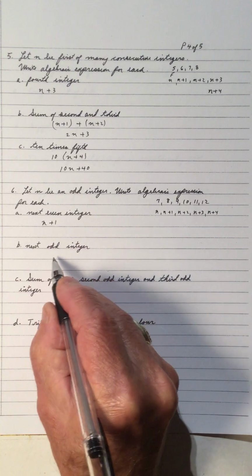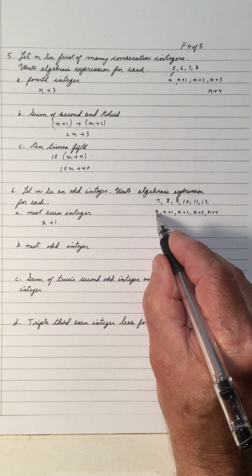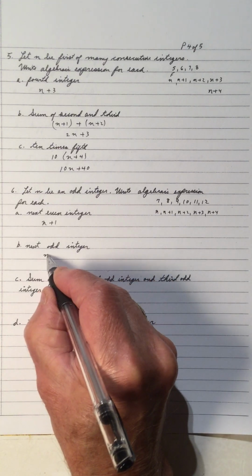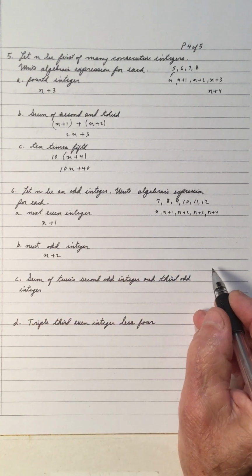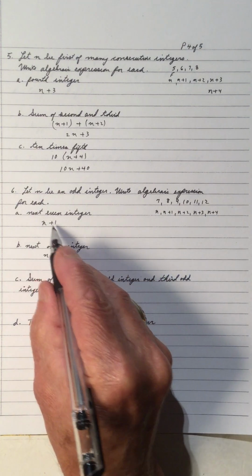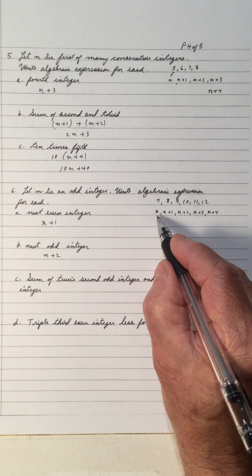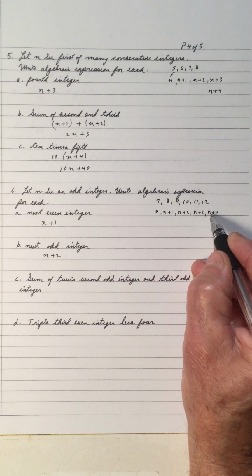The next odd one after that first one, you have to add 2. So most times you get consecutive odd. This consecutive odd is n plus 2, n plus 4.